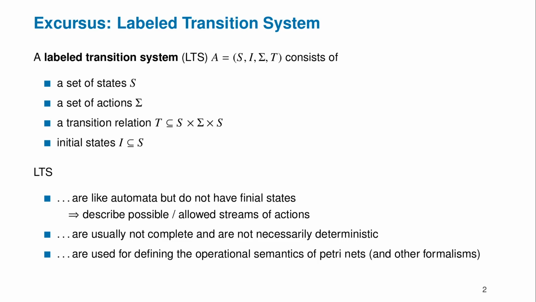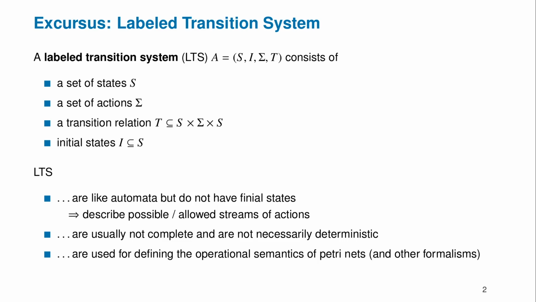We are more interested in possible or allowed streams of actions. So we have maybe a reactive system, and we have an automaton, and we are interested if the possible actions that can be executed by the system happen in an allowed order or if there is some problem.